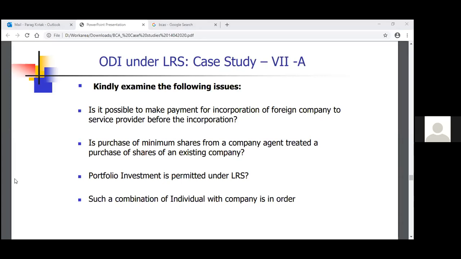Then in those cases, probably the agent can purchase the shares without any obligation on your part to purchase those shares on that date.